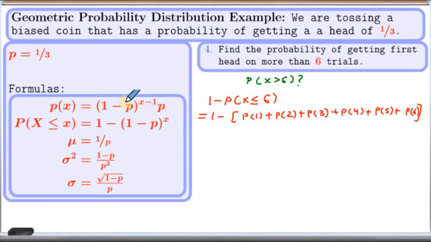Now, using this formula here, we can find the probability of 1, 2, 3, 4, 5, and 6. So let's do that now.